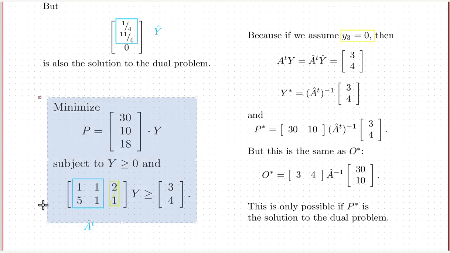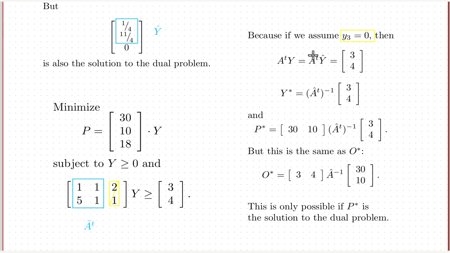And therefore, A transpose times y is the same thing as A hat transpose, the truncated form of A transpose, times the truncated form of y. Okay, so this is just the transpose of the first two rows of A that we were using to solve the original problem earlier.